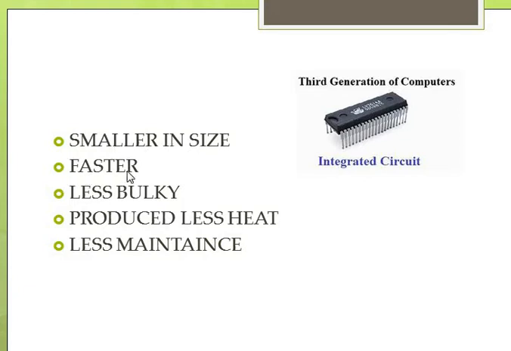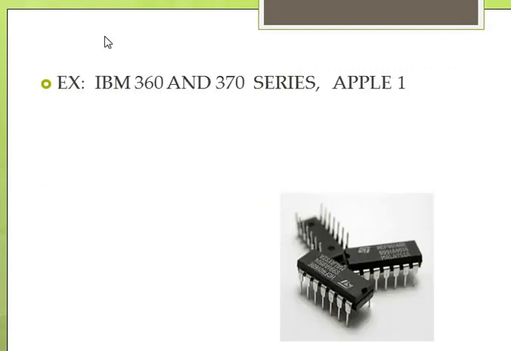They are faster, less bulky, produce less heat when operating, and need less maintenance. Examples of third generation computers are IBM 360, not IBM 350, IBM 360 and 370 series, and another computer is the Apple I series. This is the image of an integrated circuit, that is IC.